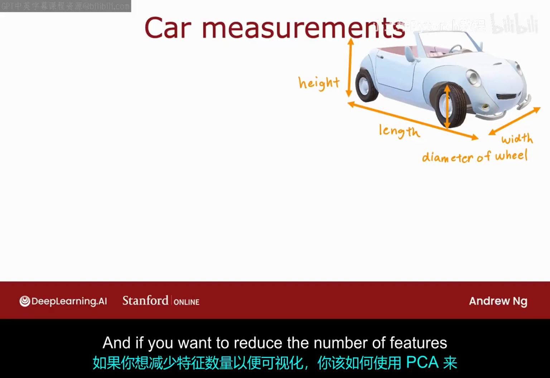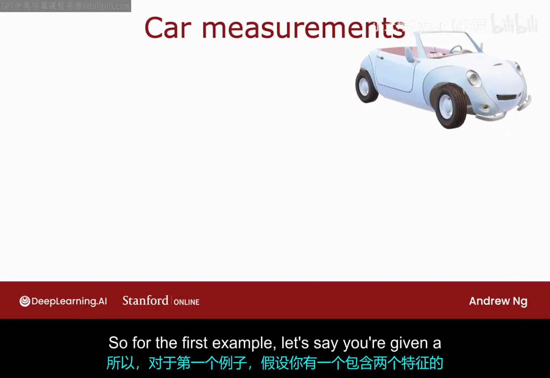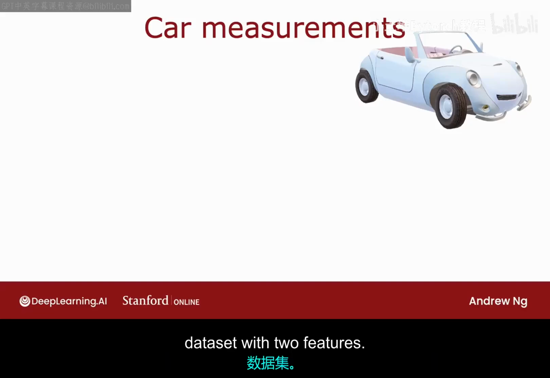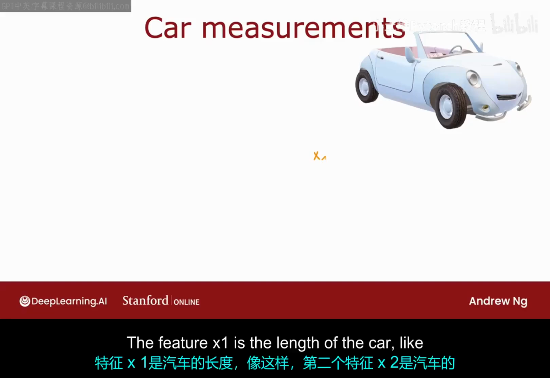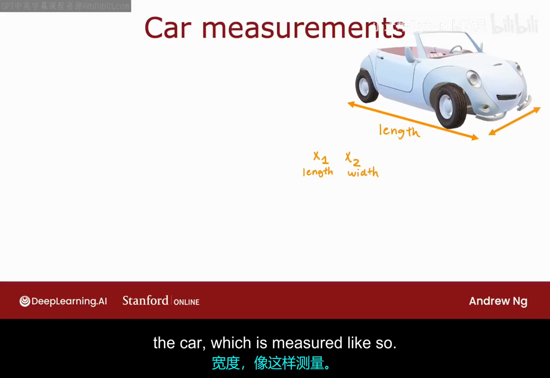And if you want to reduce the number of features so you can visualize it, how can you use PCA to do so? So for the first example, let's say you're given a data set with 2 features. The feature x1 is the length of the car, like so. And the second feature x2 is the width of the car, which is measured like so.